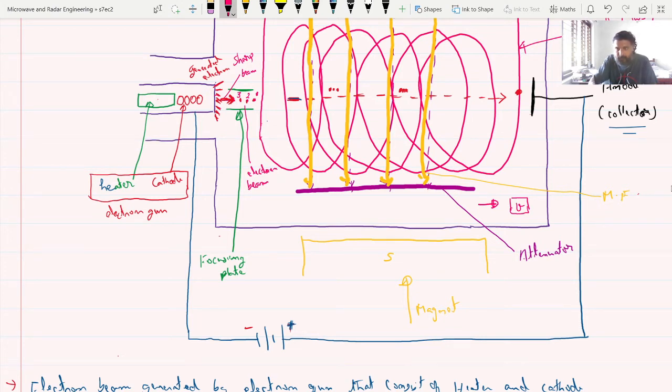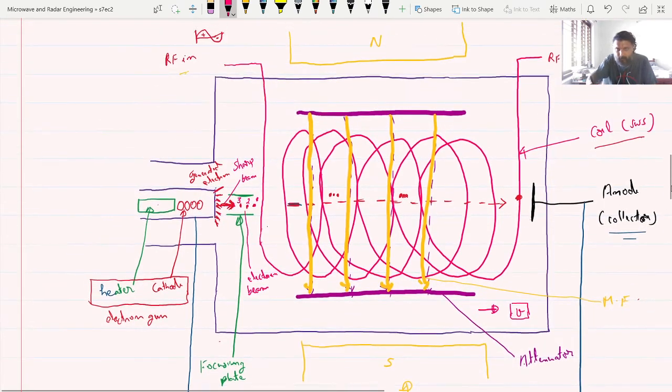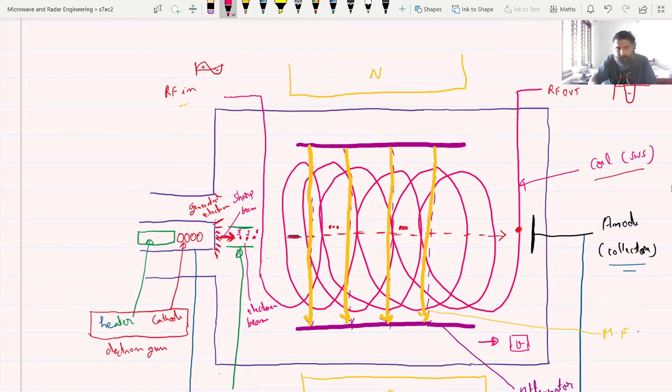These electrons are moving in the anode direction. Through here we will give the RF signal at the input side, and from the same coil we will collect the RF out at the RF output pin like this. I will write that one.